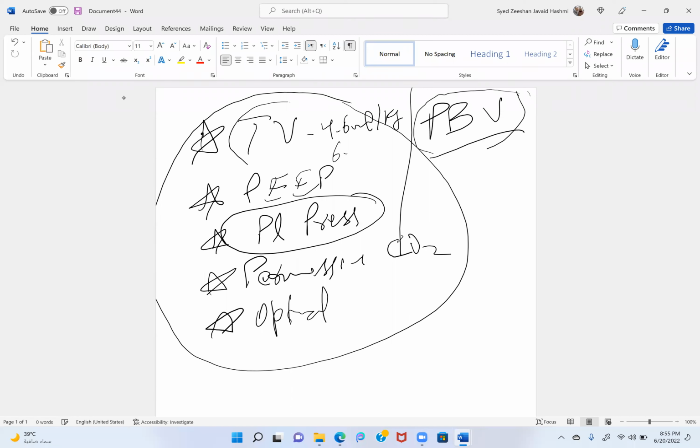You are starting with low tidal volume, and then you are looking at plateau pressures. You are targeting low plateau pressures, and as soon as you are getting the results, you are modifying your settings. You will not let airway pressures go up, because that will cause barotrauma.